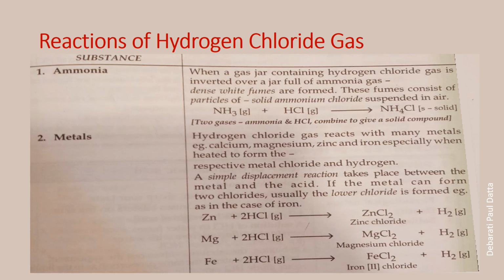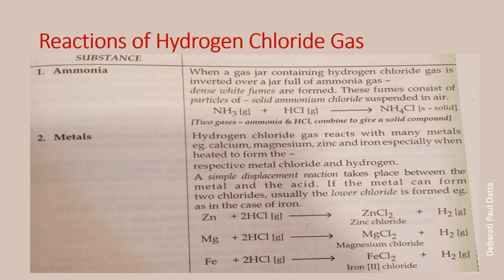Okay, next reaction is when hydrogen chloride reacts with metals like calcium, magnesium, zinc, they produce hydrogen gas and the respective metallic chloride. You have studied this in the hydrogen chapter of class 8. This is a simple displacement reaction.